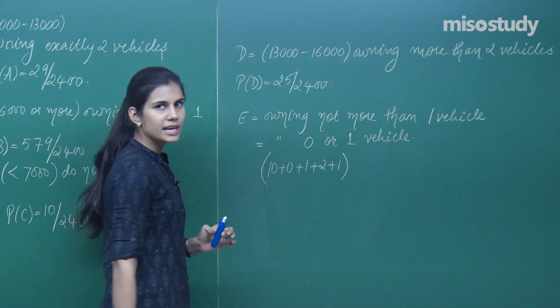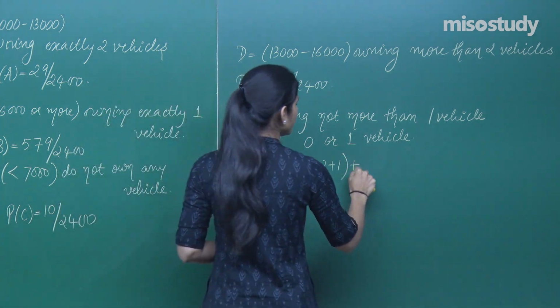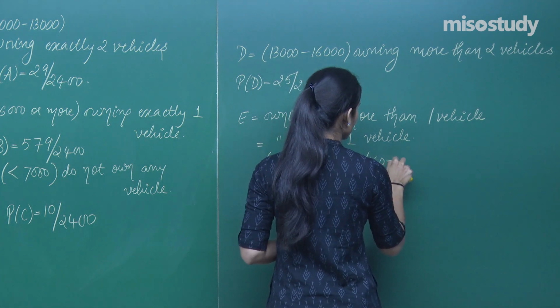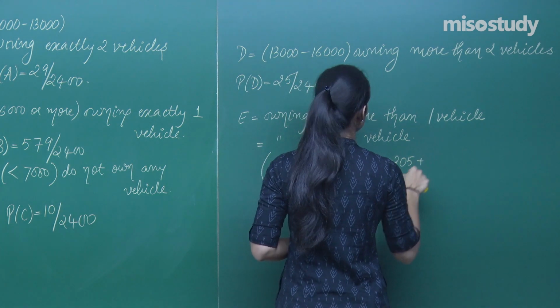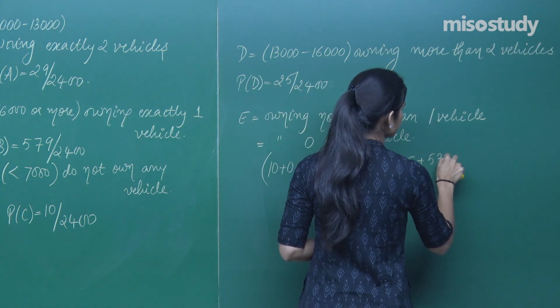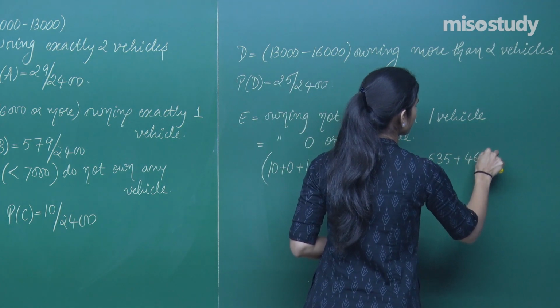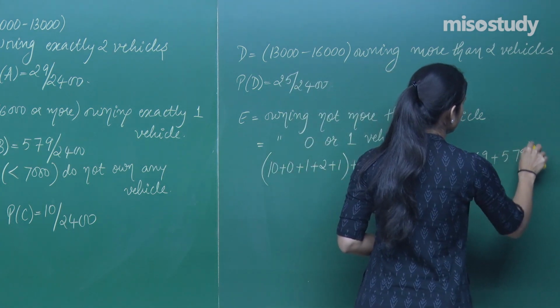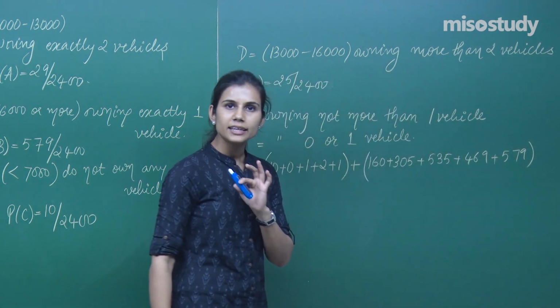So, for the number of families having either 0 vehicle or 1 vehicle, I will be adding these 2 columns completely. The number of families which own either 0 vehicle or 1 vehicle is 10 plus 0 plus 1 plus 2 plus 1, the number of families having 0 vehicles, and 160 plus 305 plus 535 plus 469 plus 579, the number of families having exactly 1 vehicle.